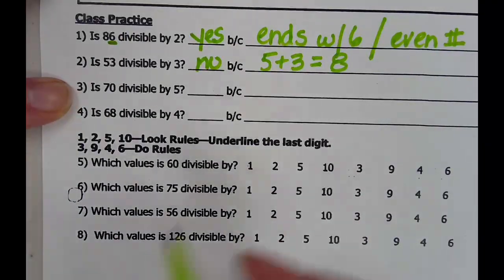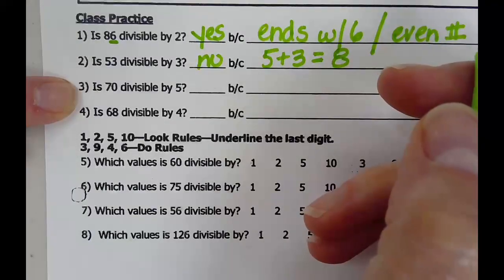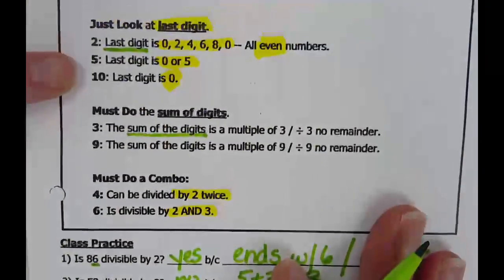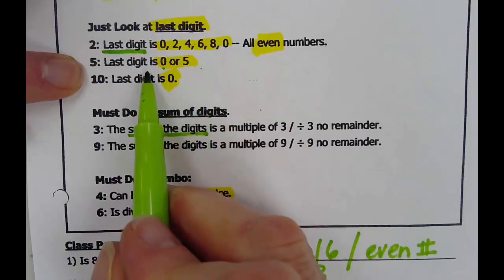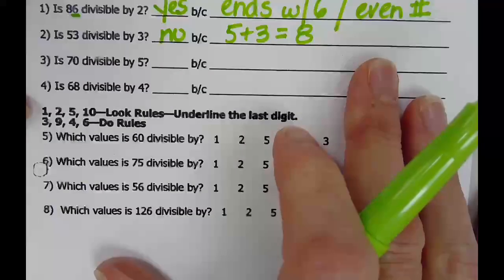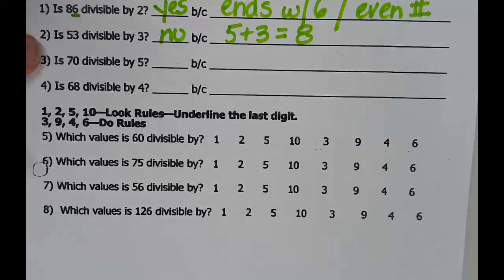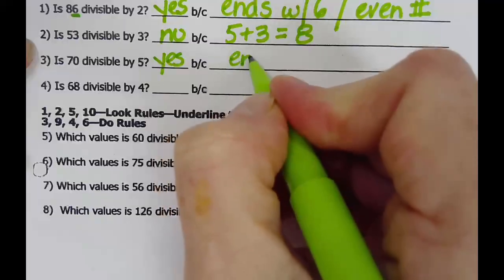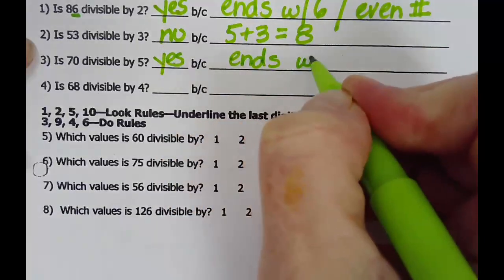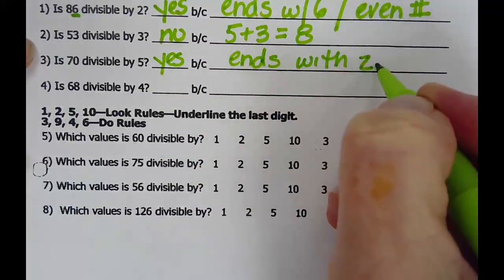All right, next one. Is 70 divisible by 5? Let's look at our list. How do I know if a number is divisible by 5? 0 or 5. So let's go back. Is 70 divisible by 5? Yes, why? It ends with 0.